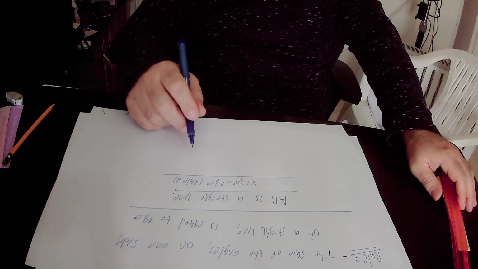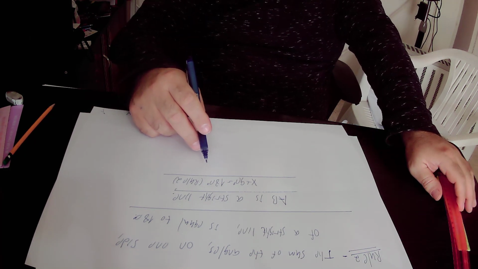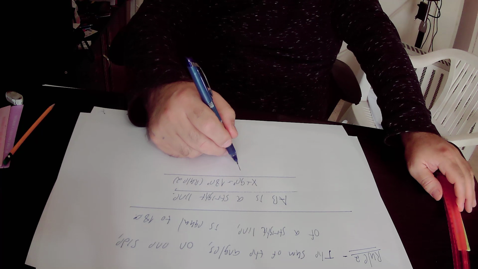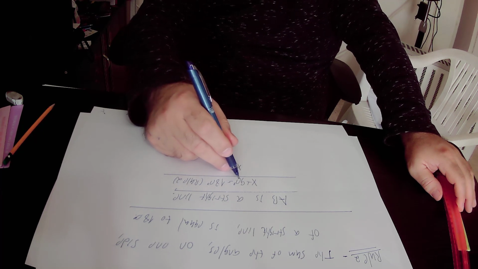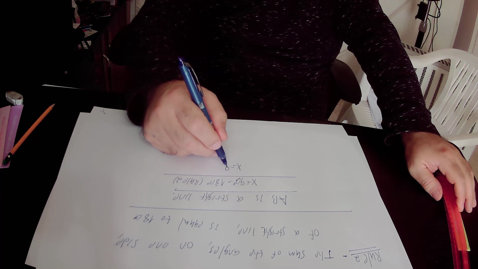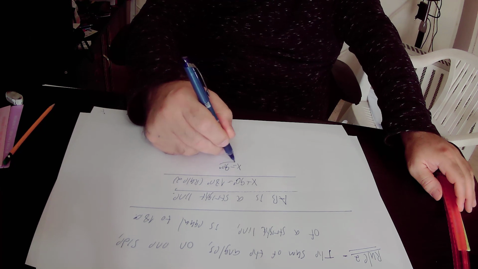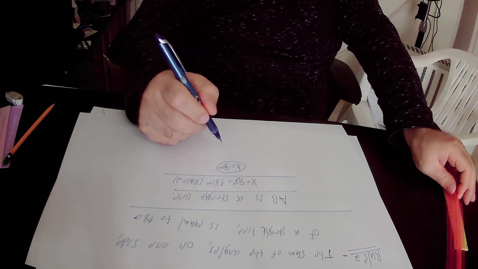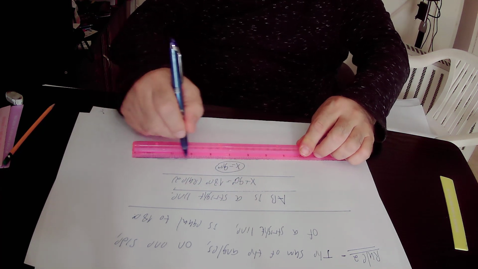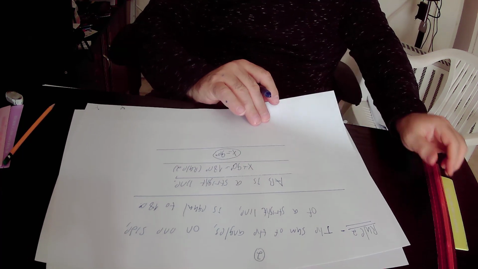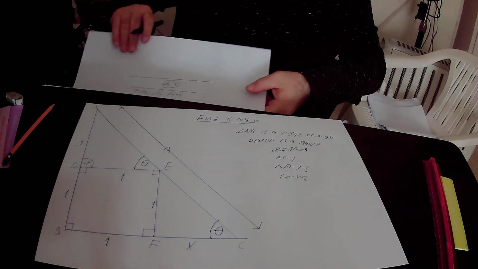Here we subtract 90 degrees from this equation and we get that angle X equals 180 degrees minus 90 degrees, which is 90 degrees. So we found out that angle X is a right angle. It equals 90 degrees. So I will substitute angle X by a right angle.